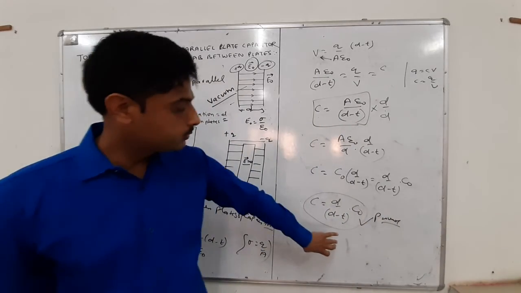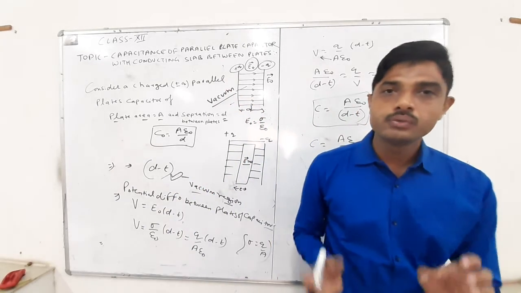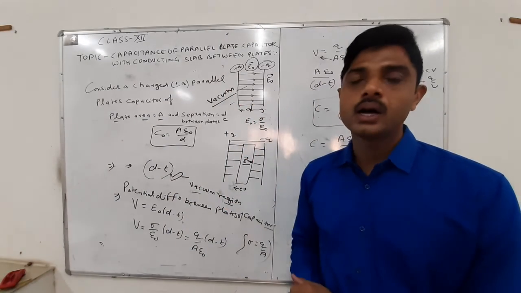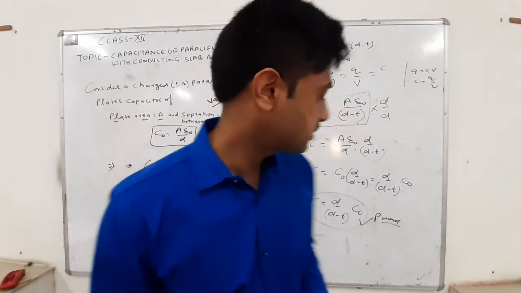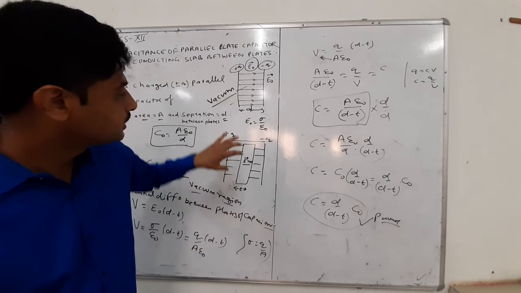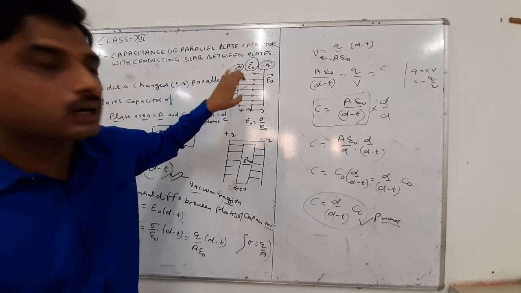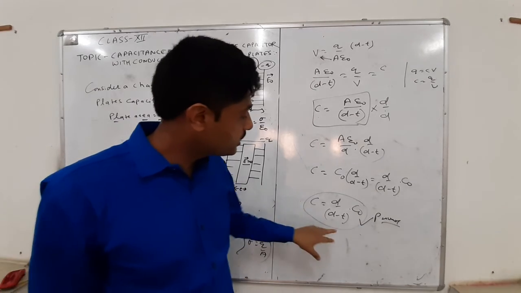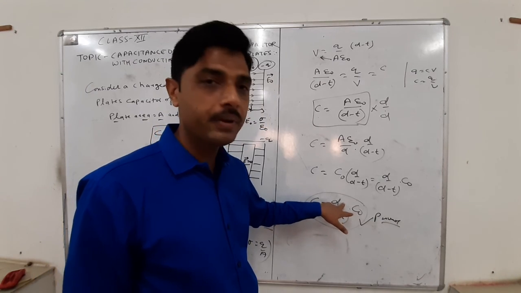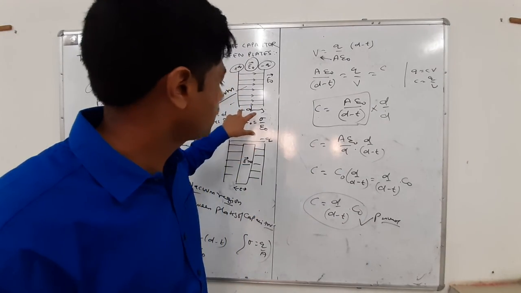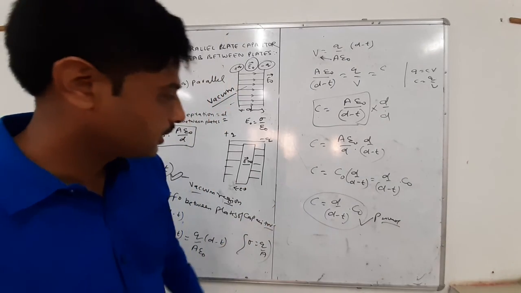So if we want to increase the capacitance, we can put a conducting slab between the plates, and by putting a conducting slab of thickness T, the capacitance of this capacitor is increased by the factor D upon D minus T, where D is the separation between the plates of the capacitor and T is the thickness of the slab. I hope you understood.